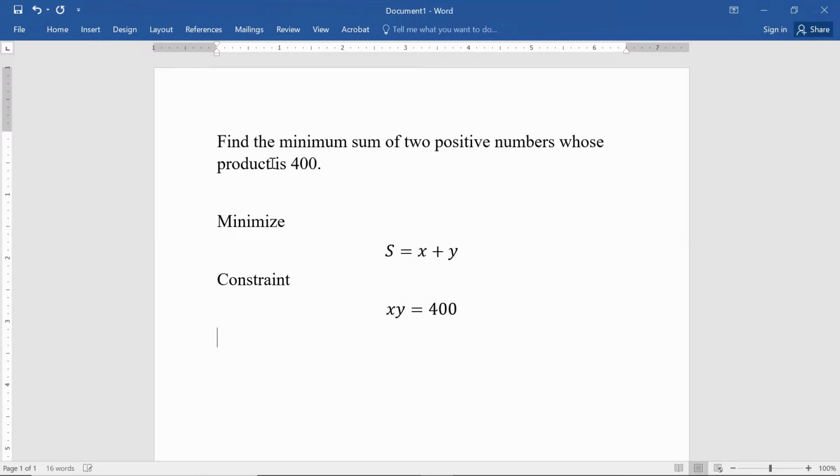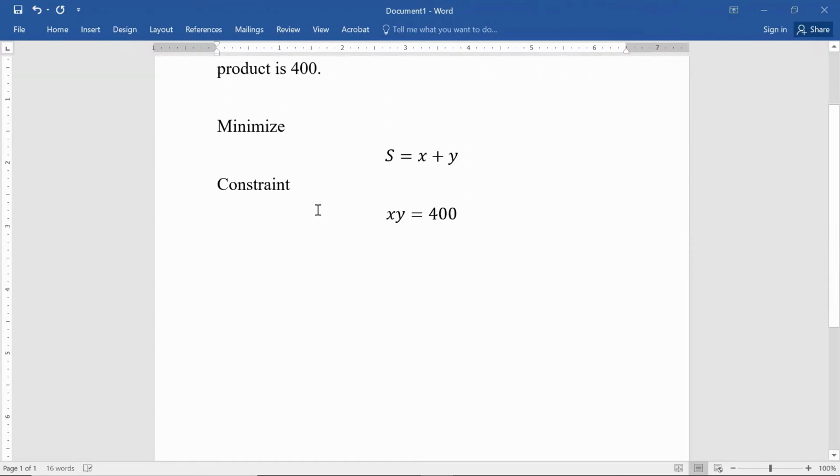This looks very familiar to a problem we've previously done. We're going to solve it in the same way. I'm going to rewrite the constraint equation. This time, I feel like dividing both sides by X. So I am going to get Y equals 400 divided by X. You could have also divided by Y just as easily.